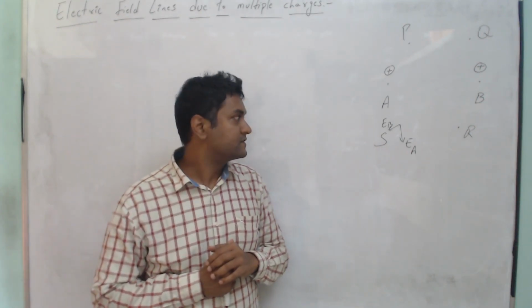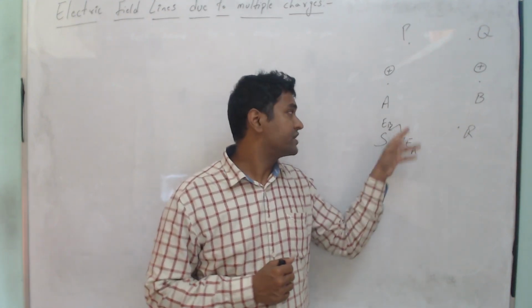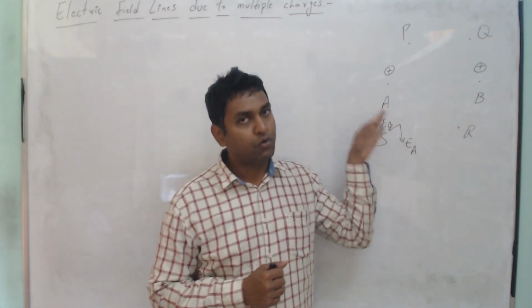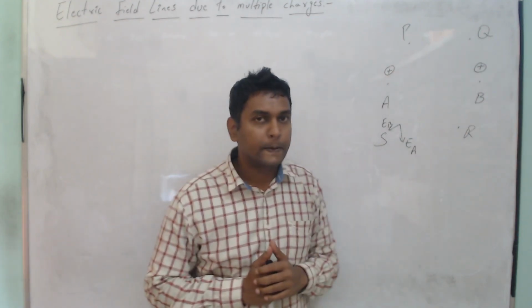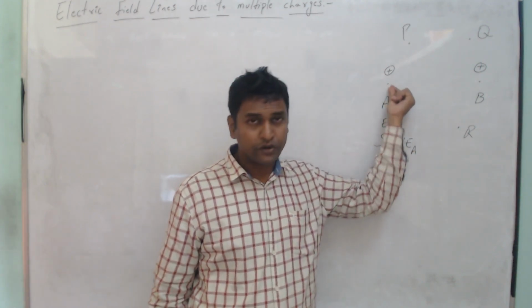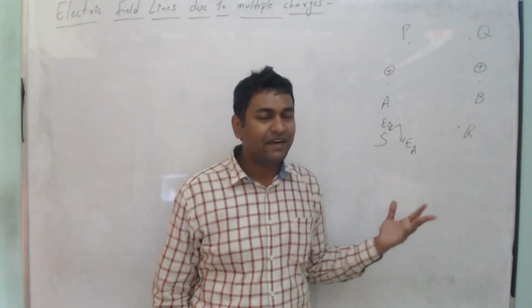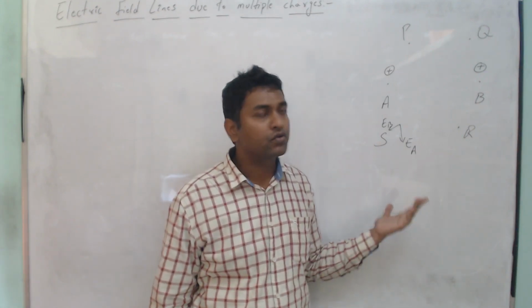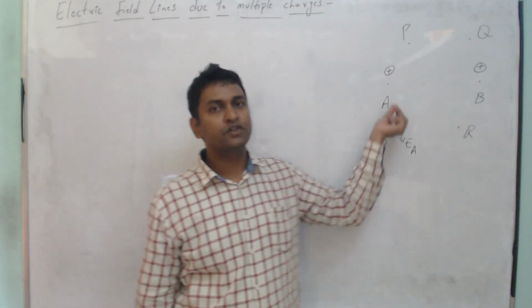So at this point S, there is no charge. I am studying the field at point S due to the charges A and B. At point S, electric field due to A is going to be away from point A and will have relatively greater magnitude compared to the magnitude due to B because S is closer to A, correct?